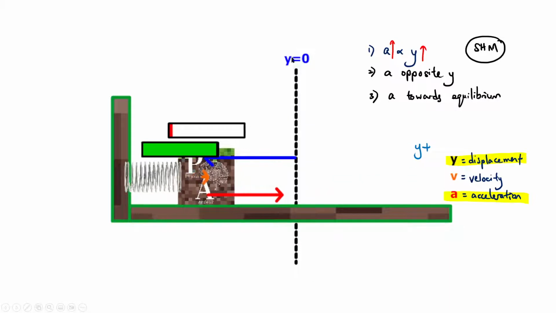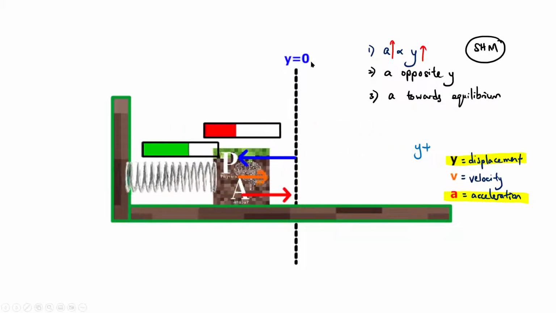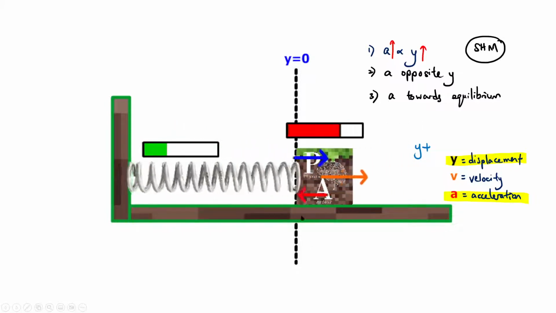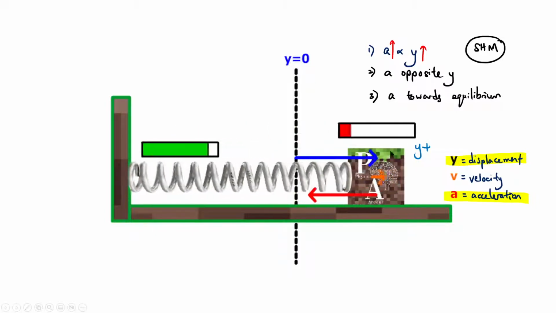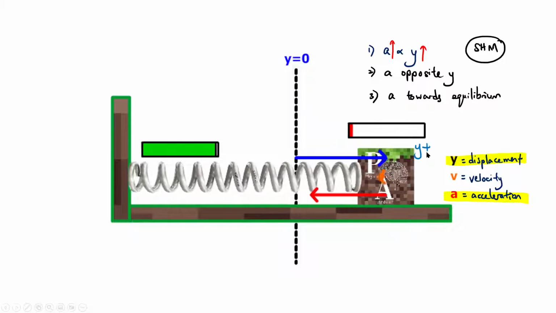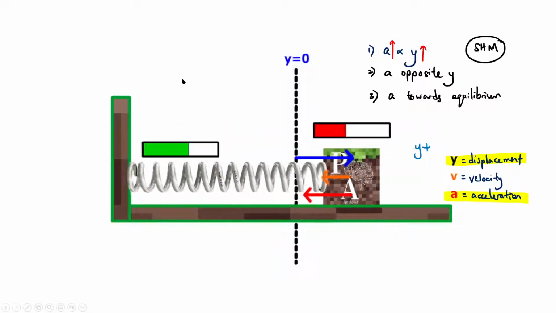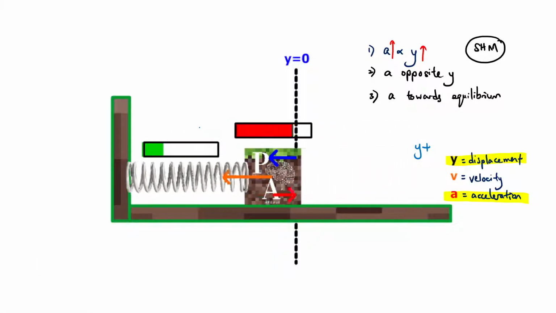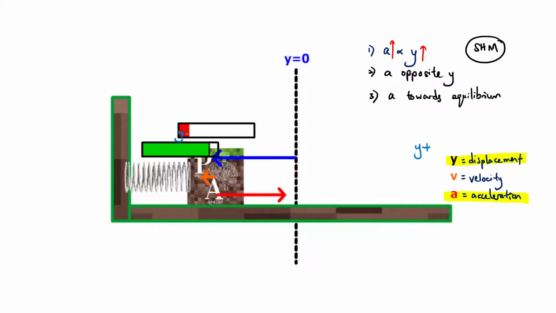At the center is equilibrium, so displacement is zero. If the block is at the left hand side, displacement is negative.